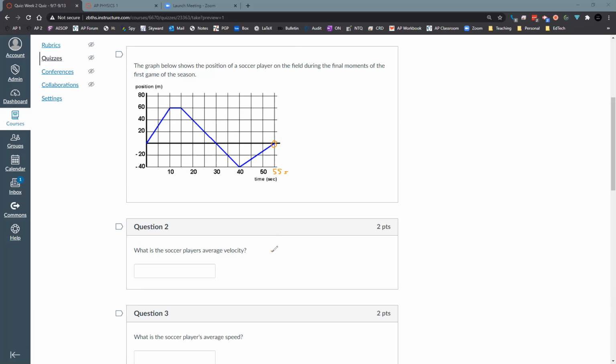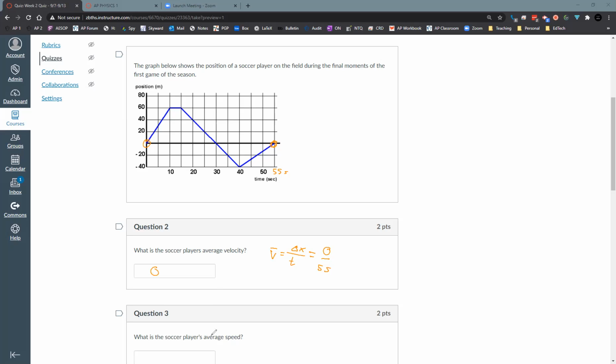Well, average velocity is displacement over time. And displacement is the difference between your starting position and your ending position. We started at 0 meters, we ended at 0 meters, therefore your displacement is 0, your time is 55 seconds, but 0 divided by anything is 0.